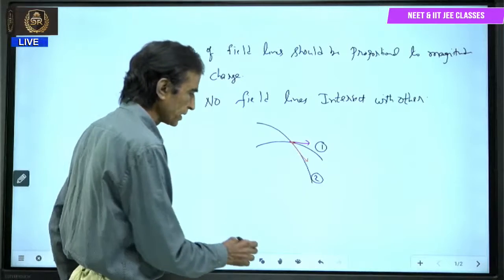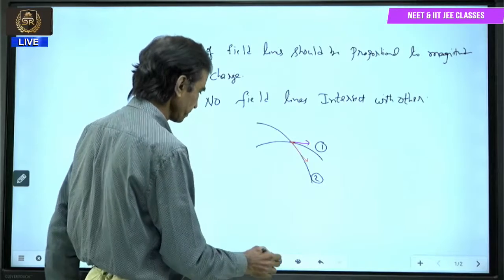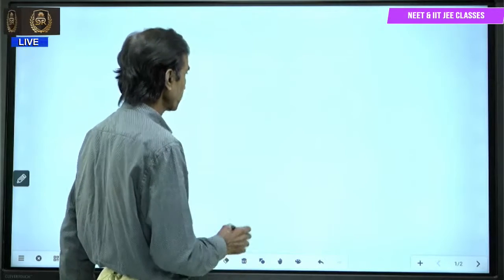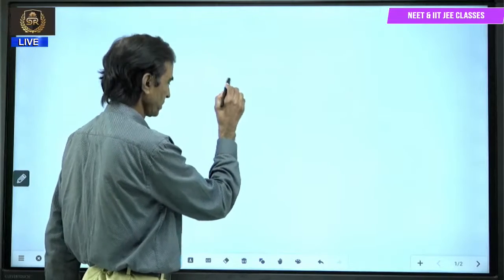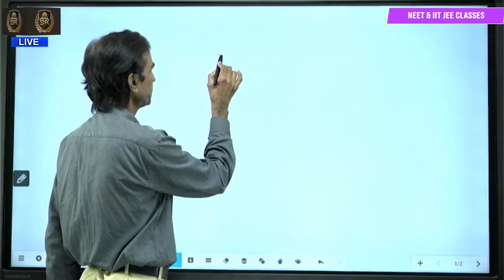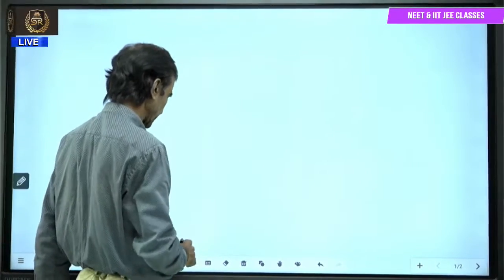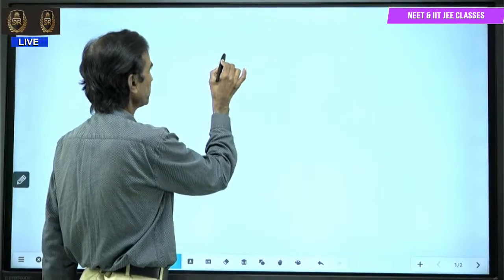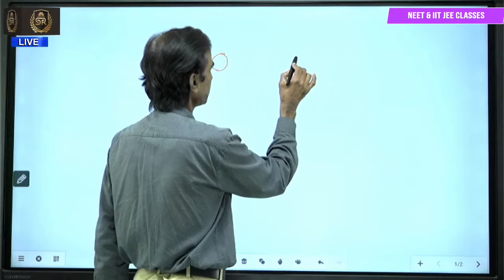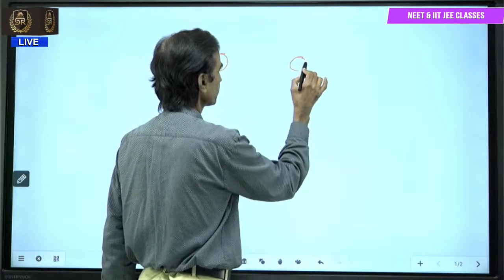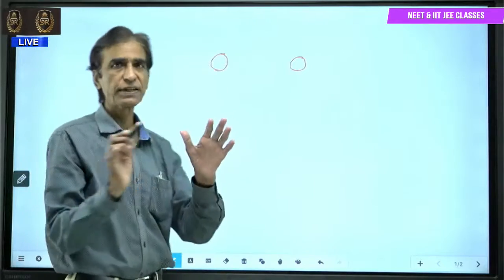Based on that, I will tell you one example. They will take one charge, and they won't say what the charge is. This is one charge, and this is another charge. Now they will just show the field lines.